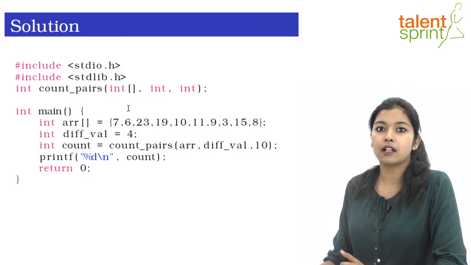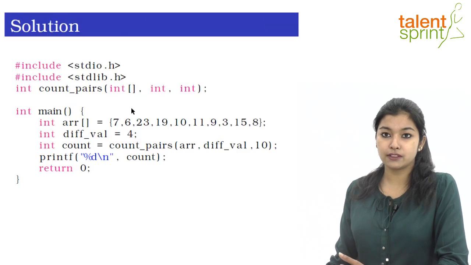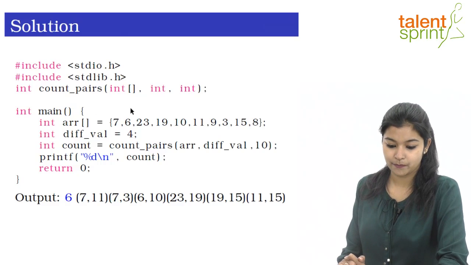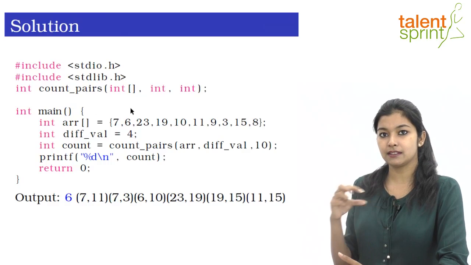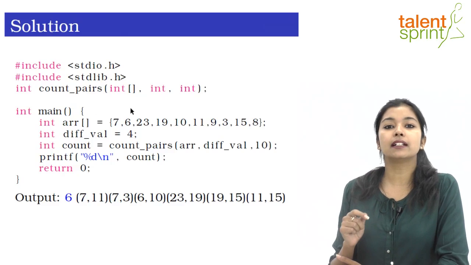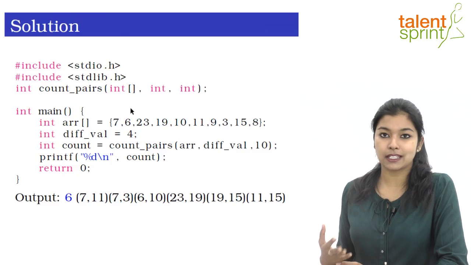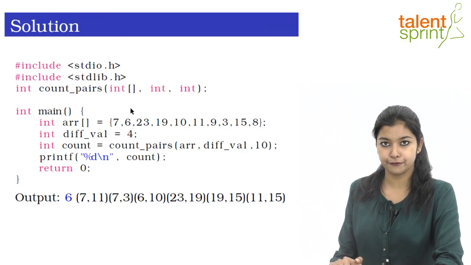Once we call our countPairs function on this particular array with the difference value given, we will have our output as 6, since there are 6 possible pairs in this array that have the exact difference of 4. So 7 and 11, 7 and 3, 6 and 10 and so on. All these elements have a difference of 4.